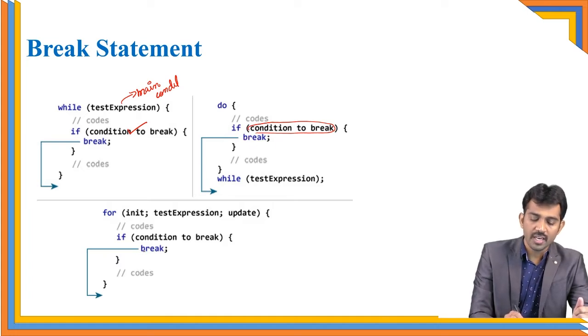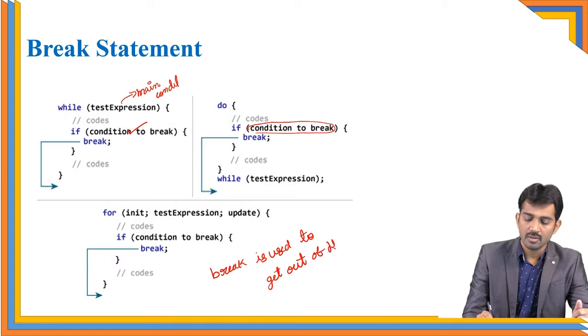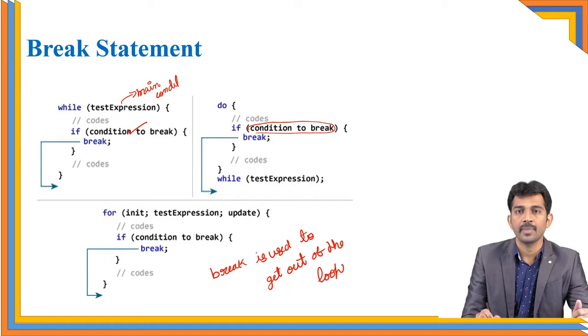Means break is a statement used to get out of the loop. Please note this point.